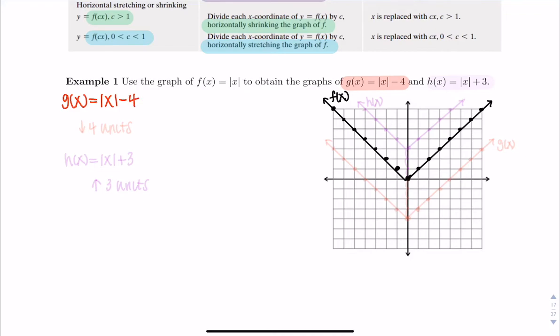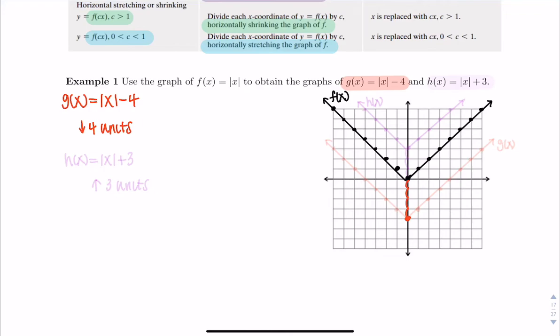That means that I am vertically shifting my whole graph down 4 units. So each point on my f of x graph is now just going to be shifted down 4 units. Let's take the origin first. 1, 2, 3, 4. Now my origin is down at 0, negative 4.